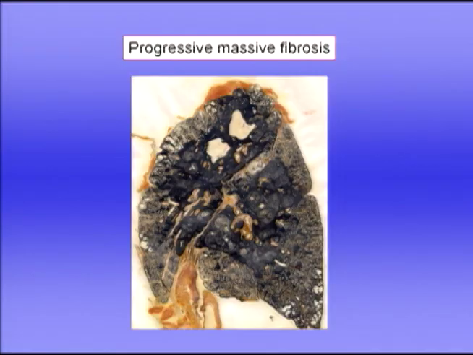Here's an example of a thin lung section in progressive massive fibrosis, and it looks awful, doesn't it? Here you've got these big concentrated areas of fibrosis, and around them you've got areas of lung destruction, some areas of emphysema. See that down here in the base as well.